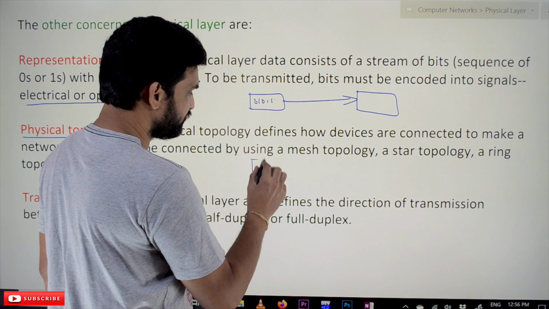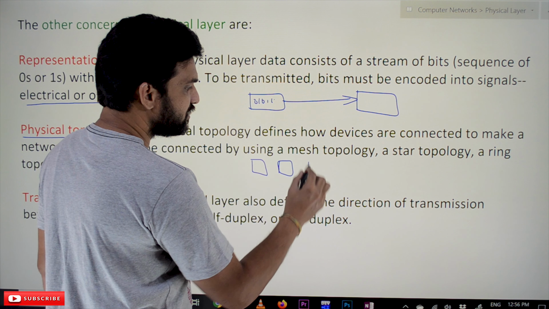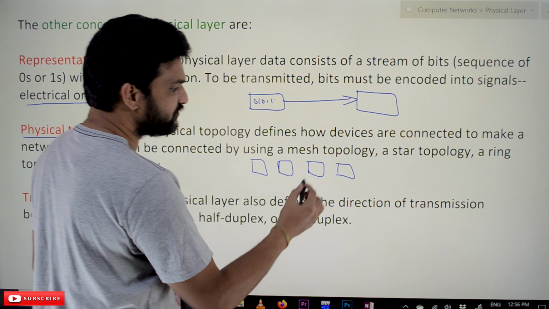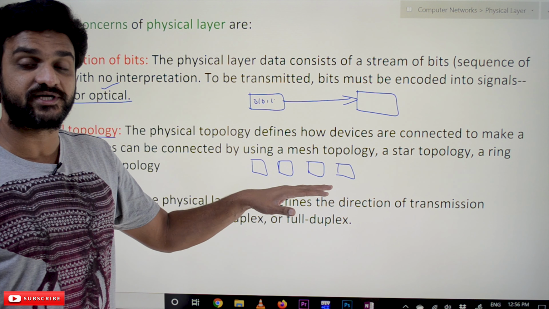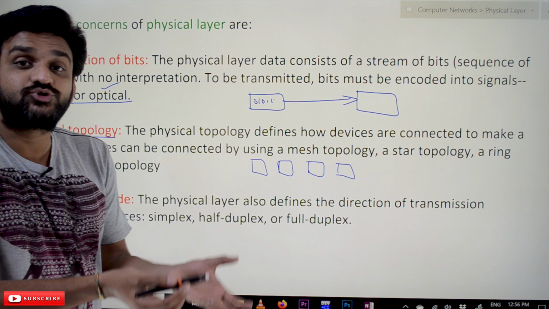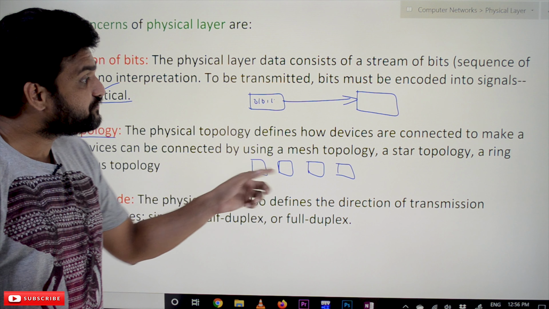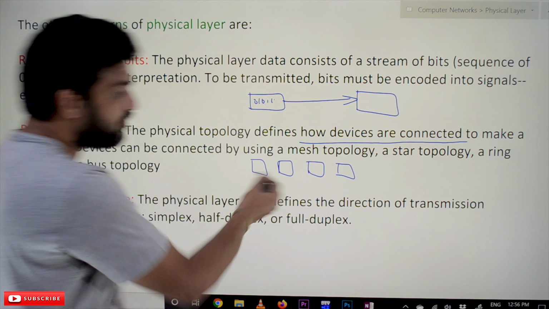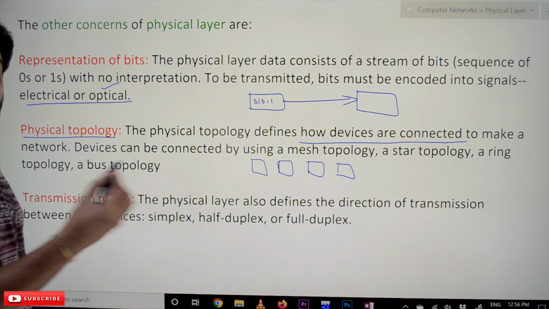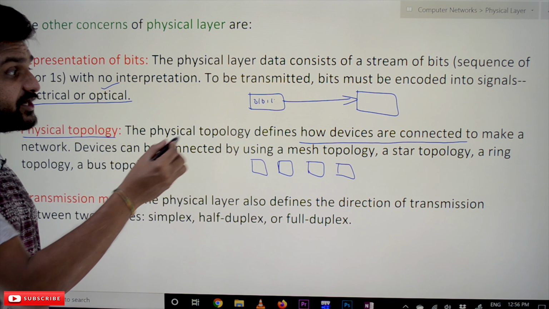For example, if you take 4 computers and we want to establish a connection for these 4 computers, how the connection has to be established, how these devices are connected, depends upon a topology.